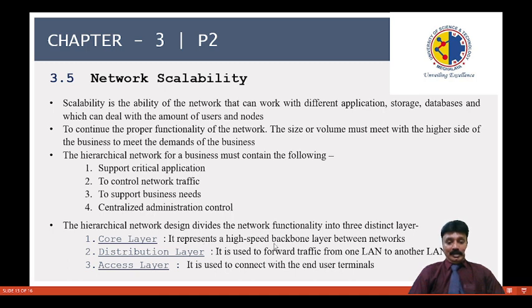Core layer, a high speed backbone layer between networks. Distribution, which is used to forward traffic from one line to another line. Access layer, which is used to connect with the end user terminal. This is the specific functionality and focus in terms of explanation at this moment.